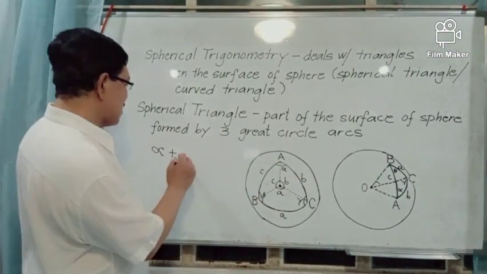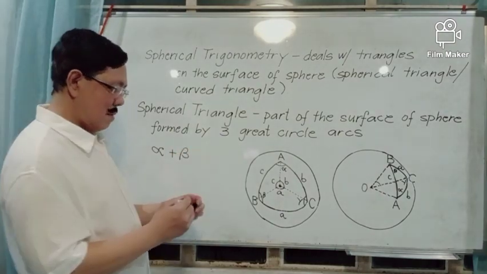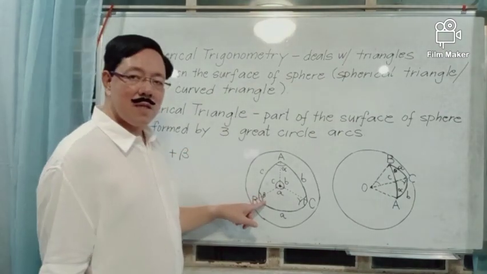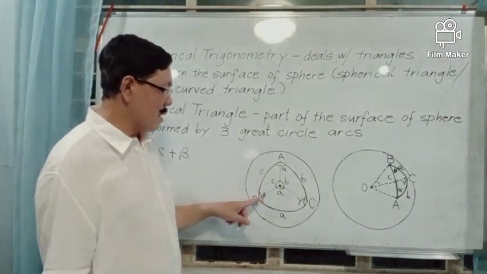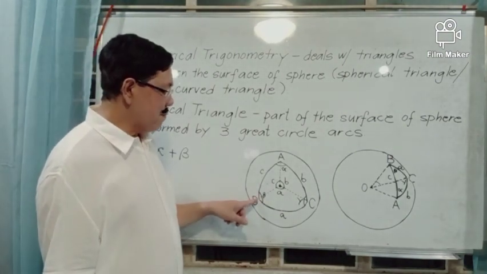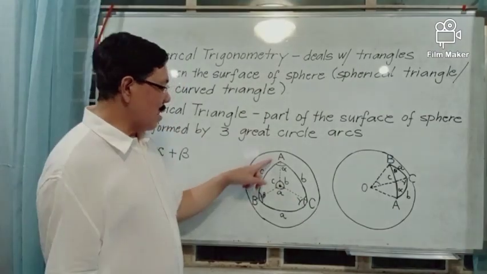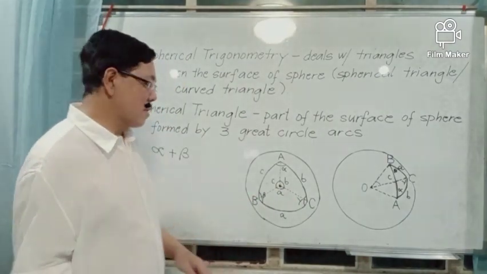Plus angle beta. Angle beta is the angle at vertex B. It is the angle formed by the arcs BC and AB of two great circles.